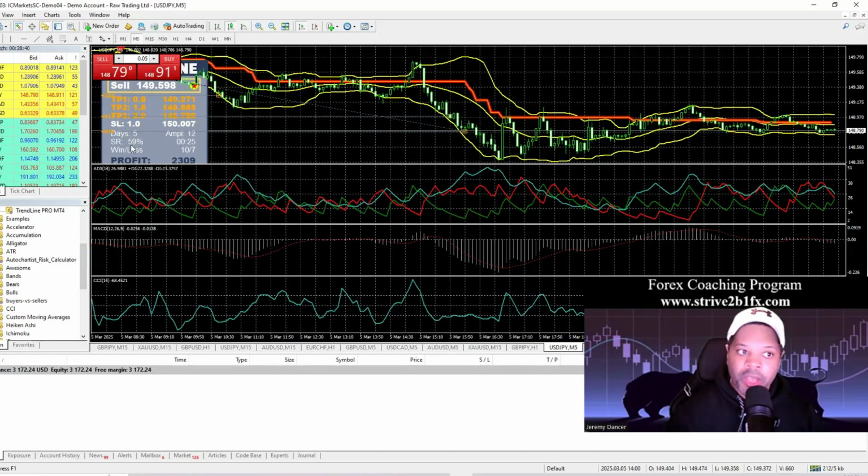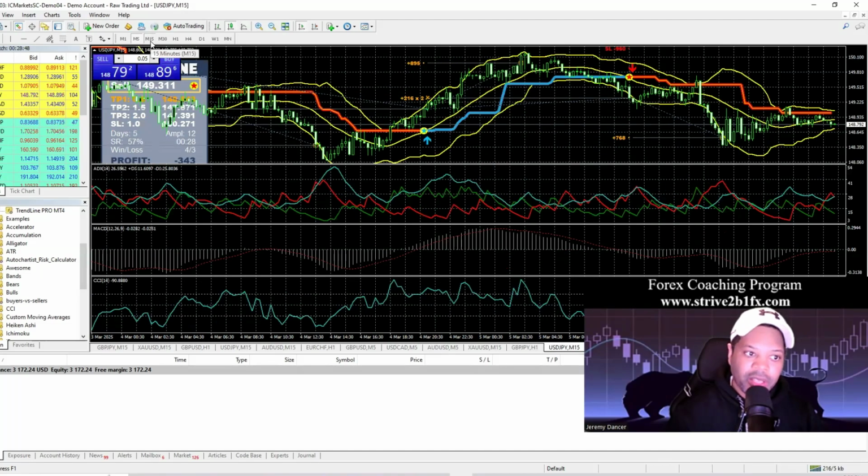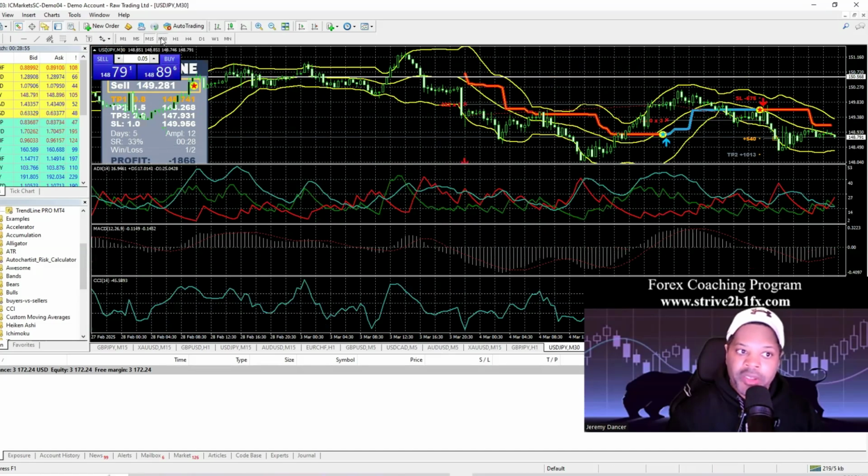So on the 5 minute time frame, it has a 59% accuracy, not as reliable. The 15 minute time frame, 57% accuracy, minute 30. So when I see these low win ratios, I'm not going to rely on this indicator for this currency pair in those situations.